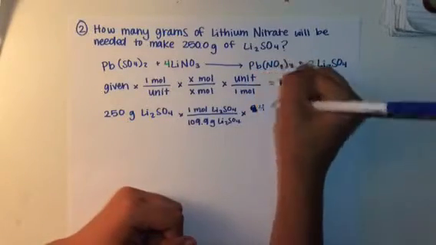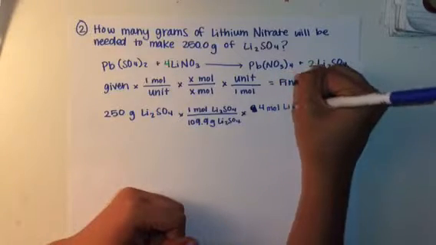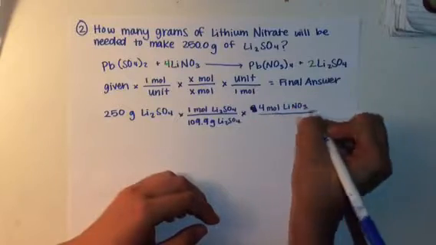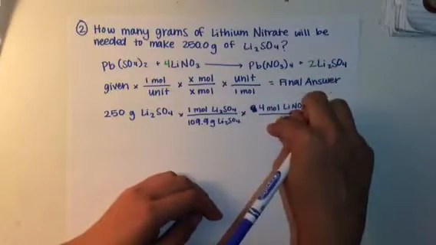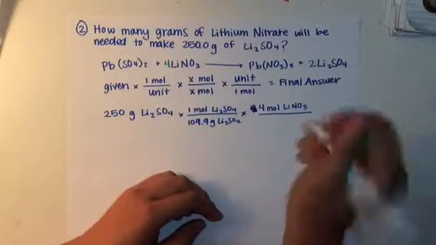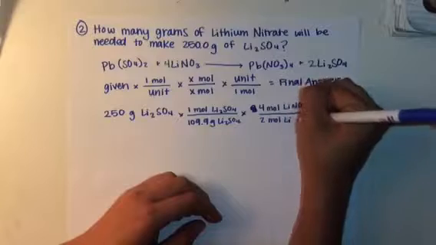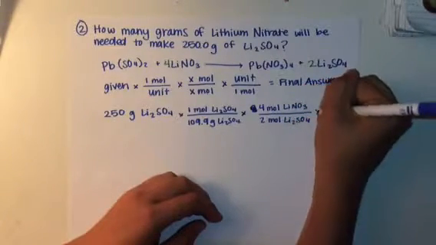It's going to be 4 moles of lithium nitrate over, now we're working with lithium sulfate, it has to go on the bottom to cancel out, so we have 2 moles of lithium sulfate.